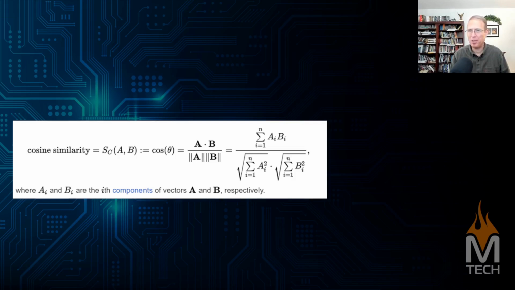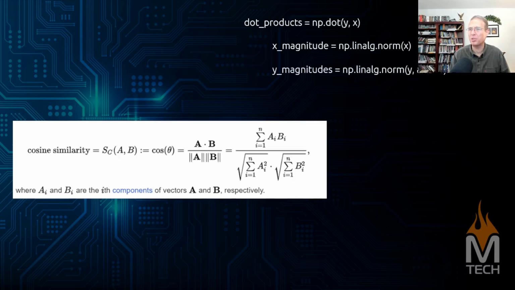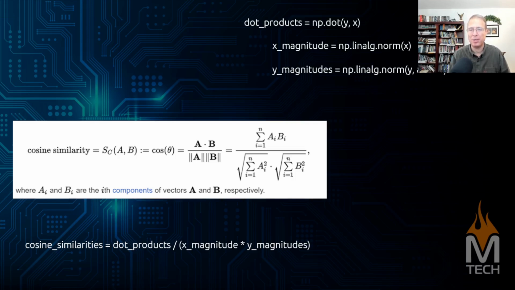All right, so let's try to understand this formula now. So here's the Wikipedia formula again. We take the dot product of x and y, and then we take the x magnitude, which is the norm of x, and the y magnitude, which is the norm of y. And then we get the cosine similarity by taking the dot product and dividing it by the product of the magnitudes. So how does this map to the formula here?